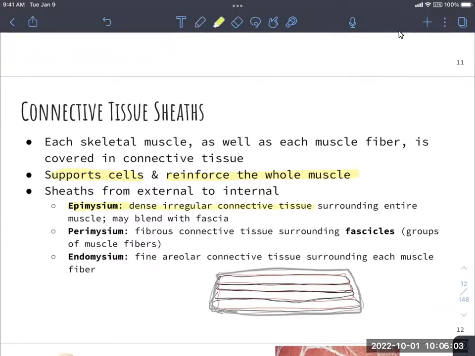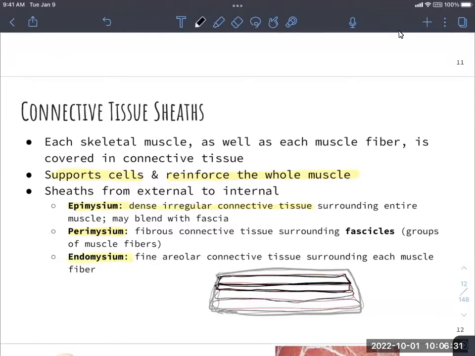The perimysium surrounds the fascicles. Sorry. Endomysium is what I drew in black. Endomysium is the black here. That goes around each fiber.